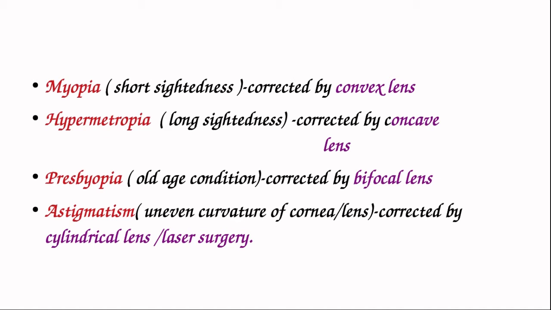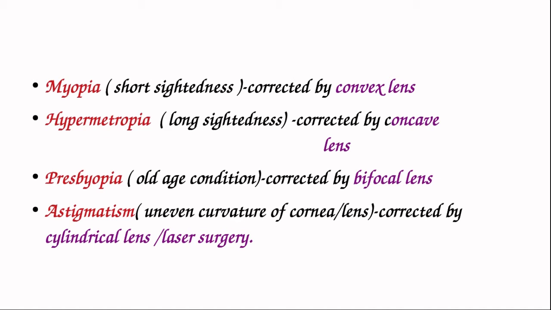The person cannot see distant objects, only nearby objects, usually affecting kids, and it would be noticed by teachers in the classroom when students won't be able to see from the back bench. Okay, so that is short-sightedness and it can be corrected by using a convex lens.